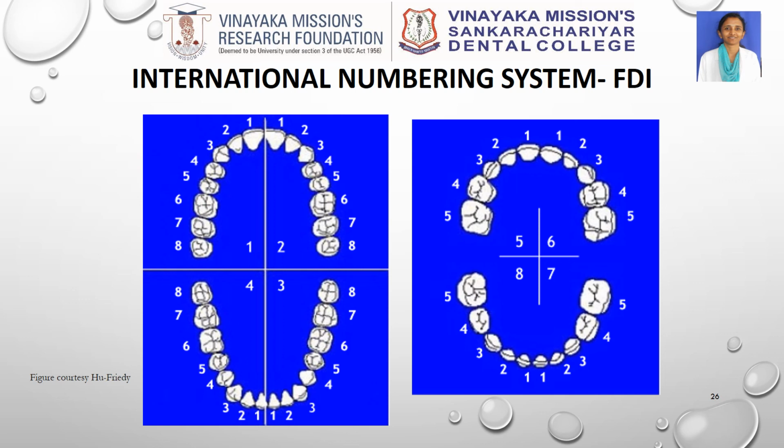So it will be called 1 1, 1 2, 1 3, 1 4, 2 1, 2 2, 2 3, 2 4, 3 1, 3 2, 3 3, 3 4, 4 1, 4 2, 4 3, 4 4, and 5 1, 5 2, 5 3, 5 4, 6 1, 6 2, 6 3, 7 1, 7 2, 7 3, 7 4, and 8 1, 8 2, 8 3, 8 4, and so on.